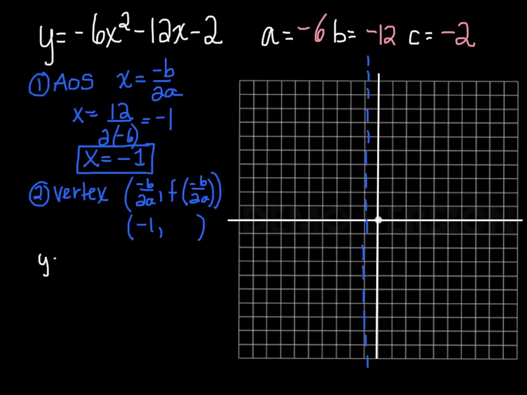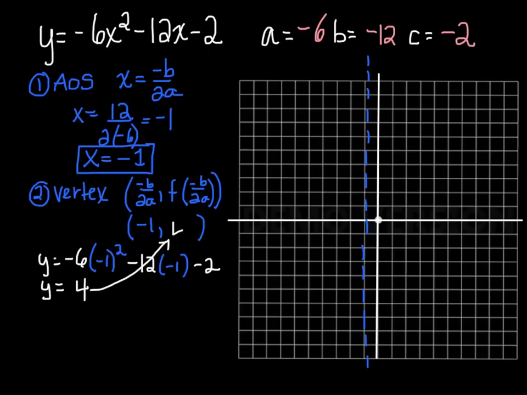So I know that y equals -6, I'm going to plug in my -1 and square it, -12, and again I'm going to plug in my -1, and -2. So this y is going to end up being -6 plus 12, which is 6, minus 2 is going to be 4. So that will end up being the -1, 4 of my vertex. And I now have my vertex.